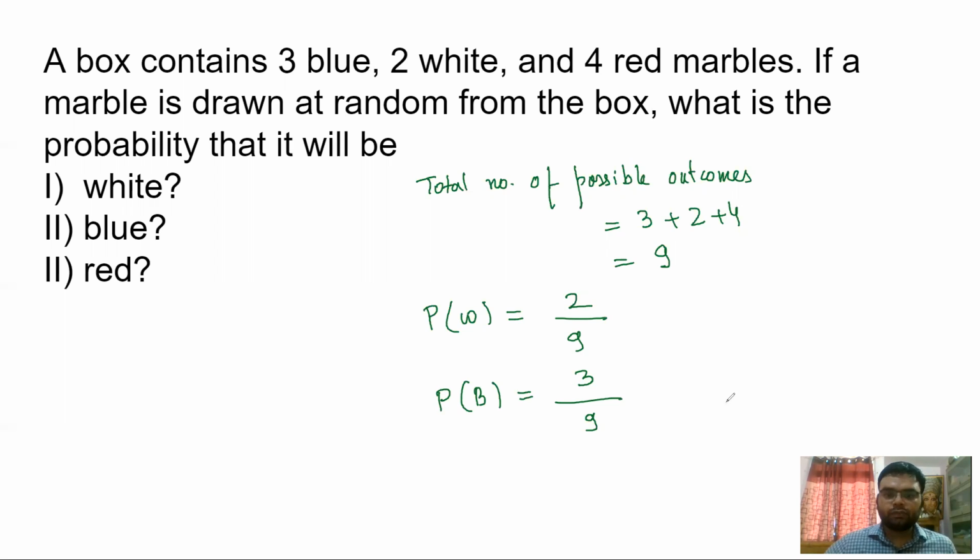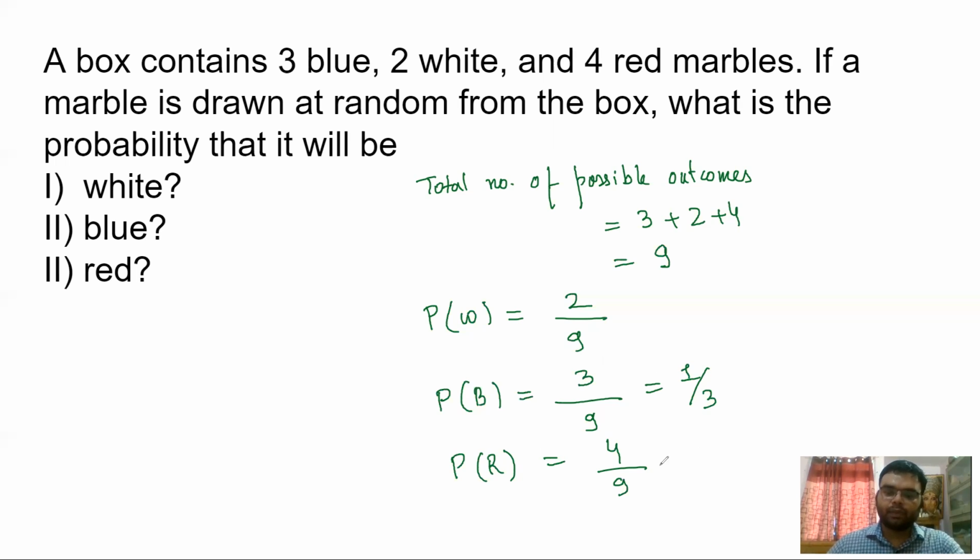So we take the ratio of these two, which is equal to 1/3. And the probability of getting a red marble is equal to 4/9. You can see that the number of favorable red balls is 4 out of 9 marbles, which is equal to 4/9.